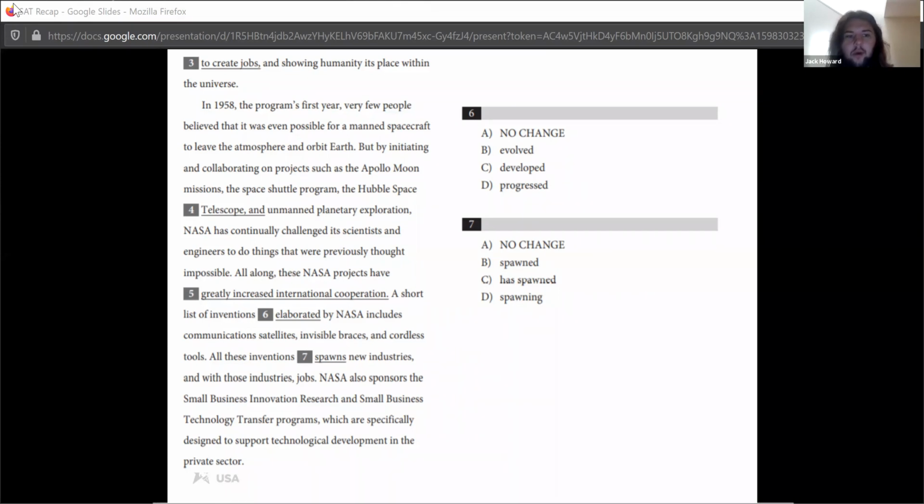Okay, so it seems like I'm getting mostly C here. Would anyone like to explain how they got that or something different? Just speak up or raise your hand. Yeah, well, elaborate means to manufacture. So probably they don't manufacture it; they just developed it. Mm-hmm. So that sounded the best for me. Yeah, that's a good way of looking at it.